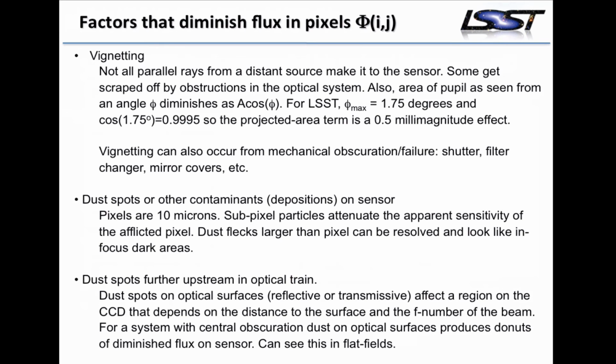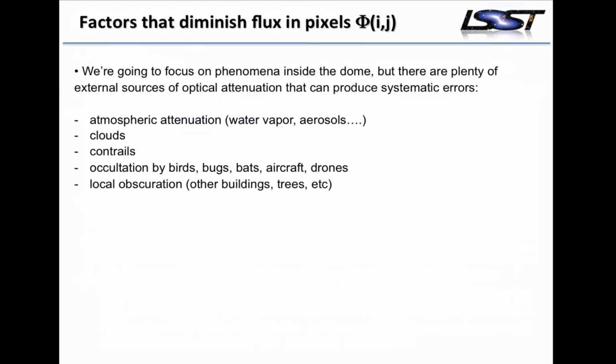And the answer is any region whose annulus includes that dust spot has its flux diminished. And if you think that through, that region on the focal plane is also an annular distribution. And so dust spots further upstream look like representations of the pupil, and their size depends on how far upstream that dust spot resides.